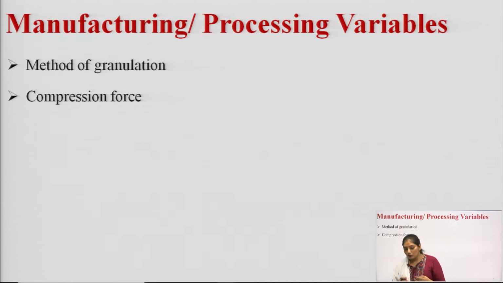The dosage form related factors which can affect dissolution include the types of excipient and the manufacturing processes. There are several manufacturing processes that can influence drug dissolution and the absorption process. There are two main factors.